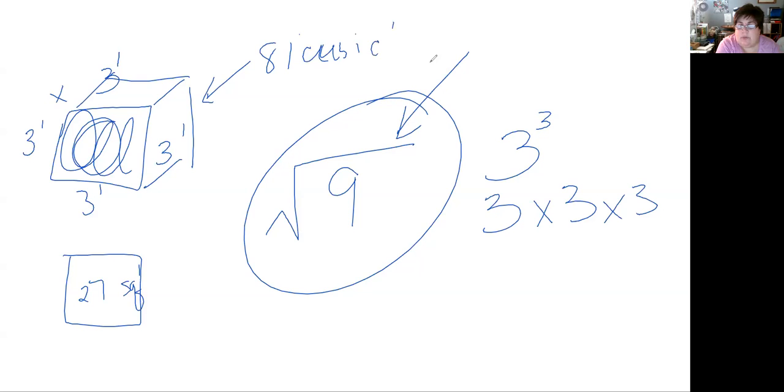Okay, so that's a brief explanation of what it means to square something. What you're wanting to find out here is the opposite: what number times itself is going to equal this? Well, we know that 3 times 3 is 9, so the square root of 9 is 3.